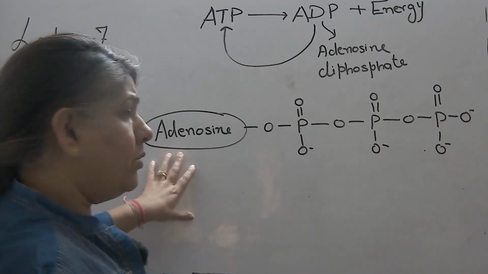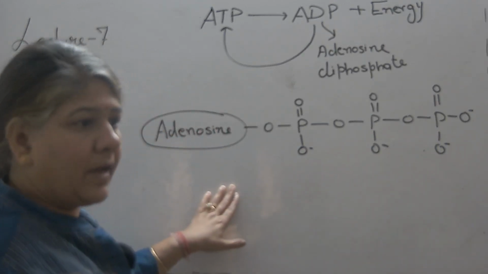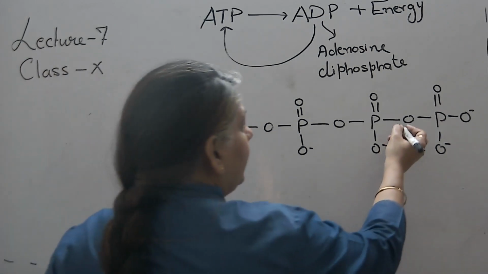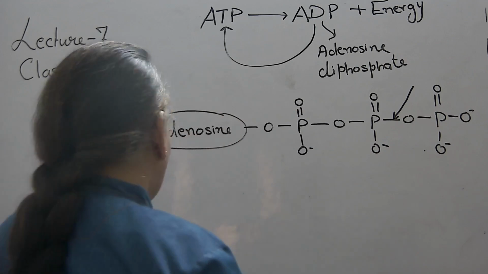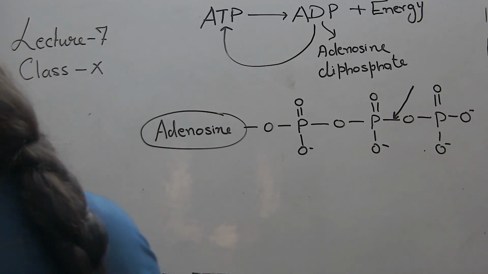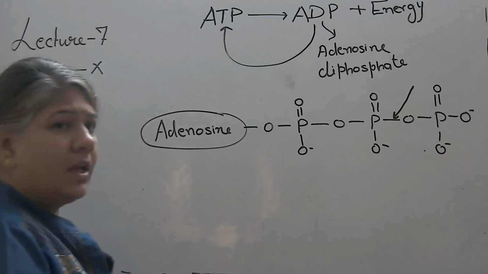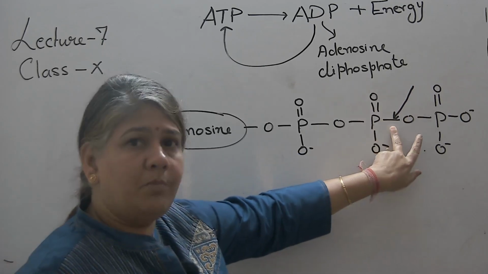It is the terminal linkage which is broken down. This is called terminal phosphate linkage, and this will release a lot of energy once this bond is broken down.